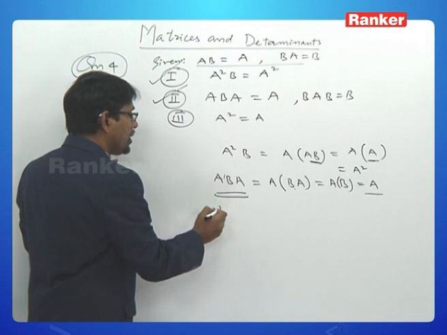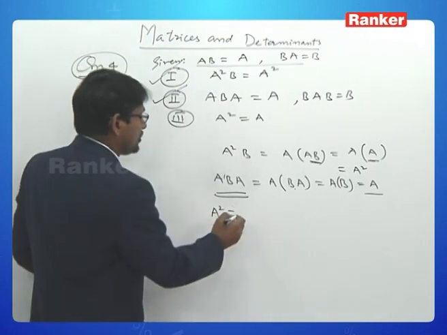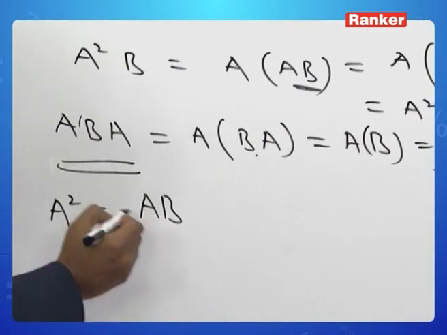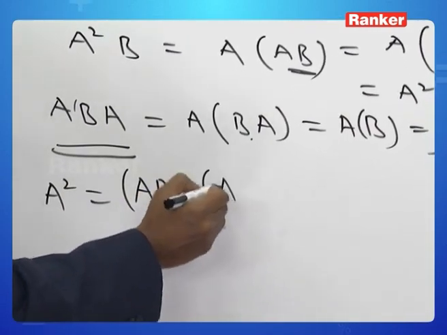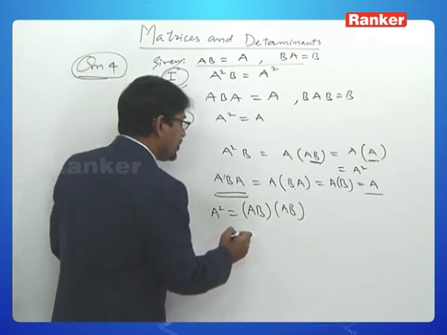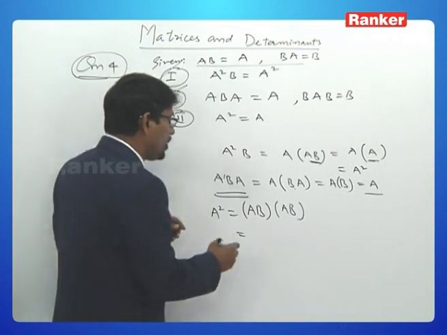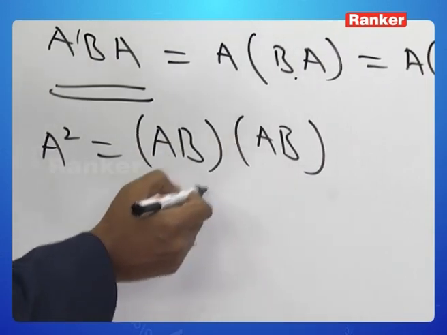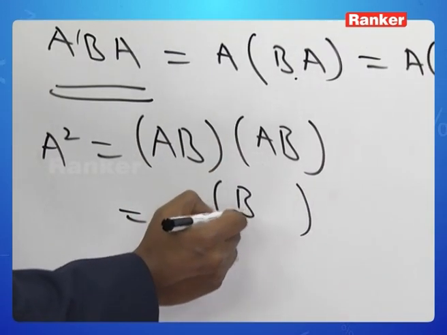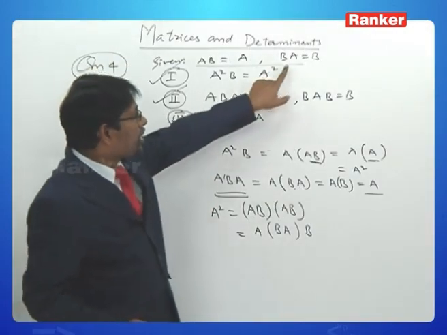Now coming to A square equal to A, is this true or not? How do you write A square? What is A square for us? A is AB. So AB multiplied with AB. But we can use matrix multiplication being associative. We can club the middle 2 matrices, BA and then B. But what is BA?